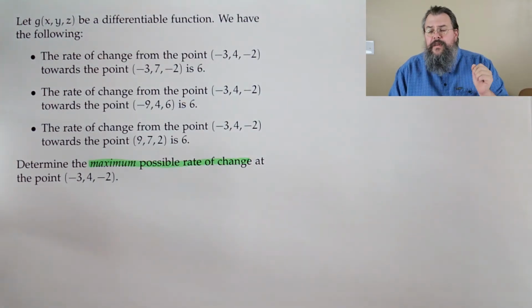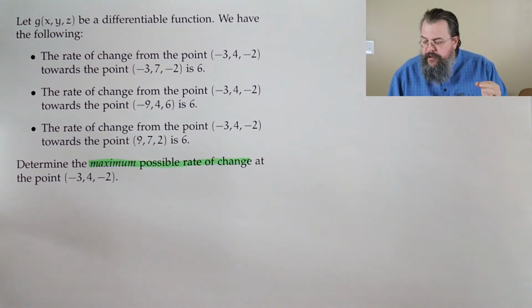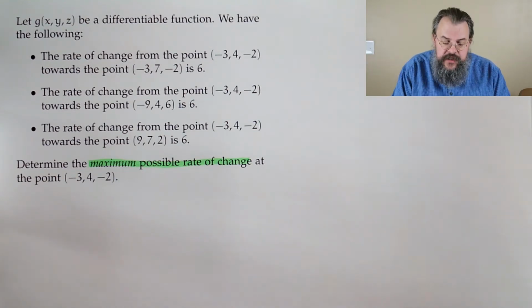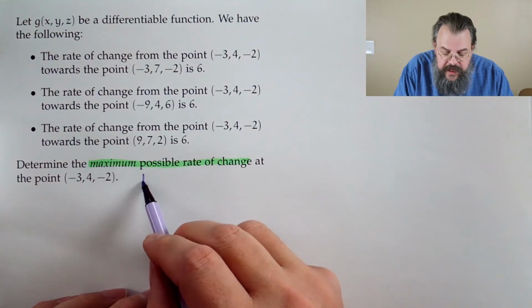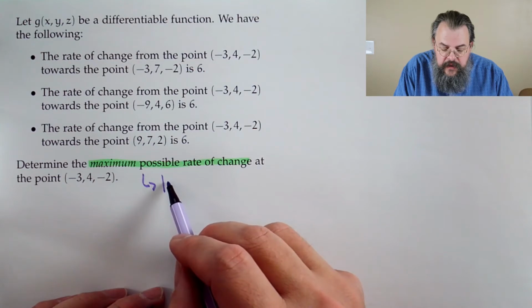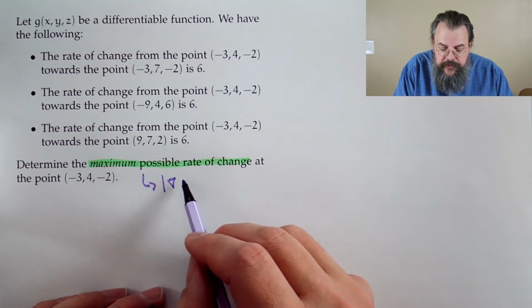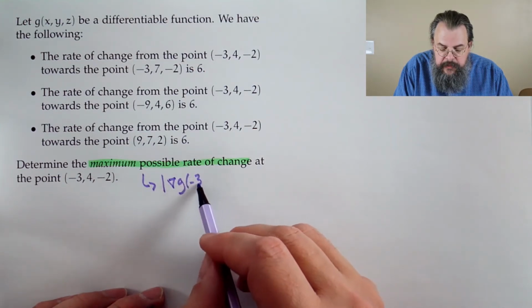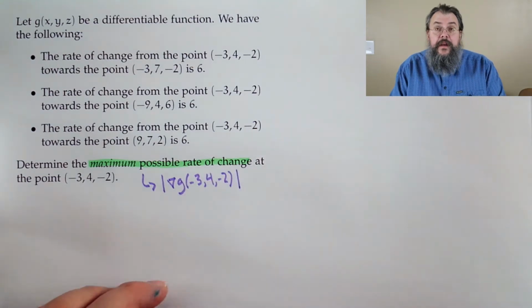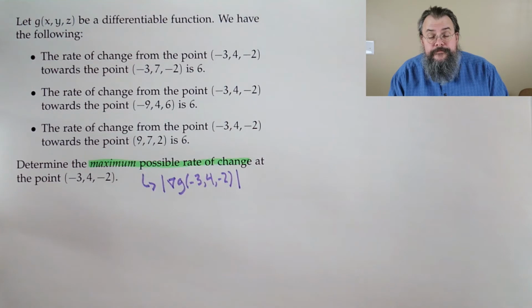Because when we see the phrase maximum possible rate of change, we say, aha, there's something which actually gives the maximum possible rate of change, and that's called the gradient. So this problem really is asking us to find the magnitude of the gradient of g at the point minus 3, 4, minus 2. That's what we're looking for.